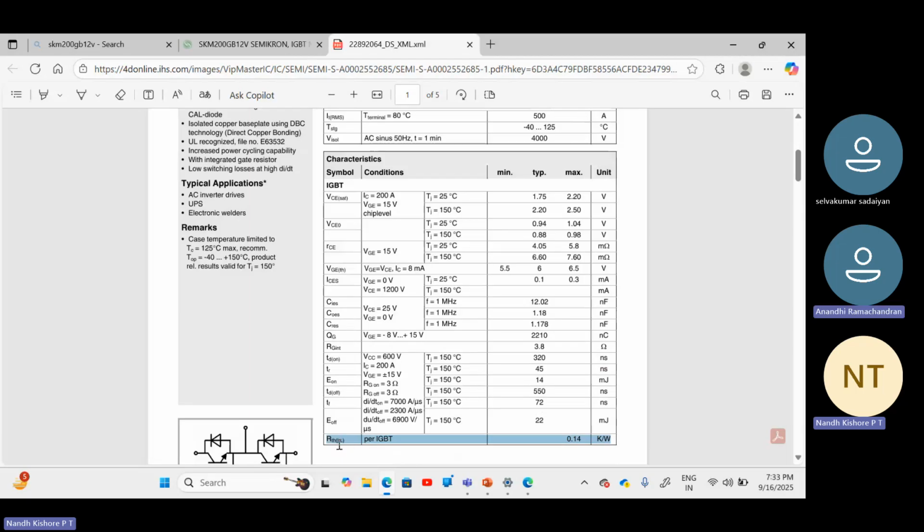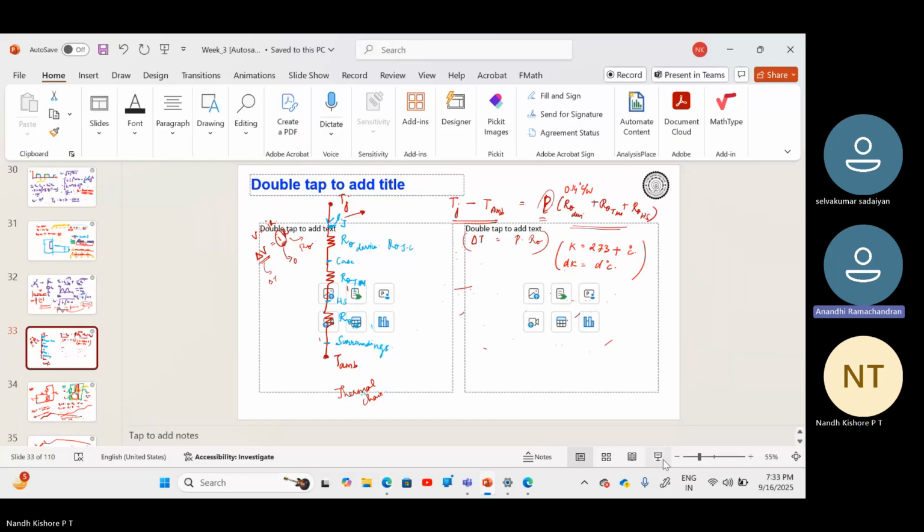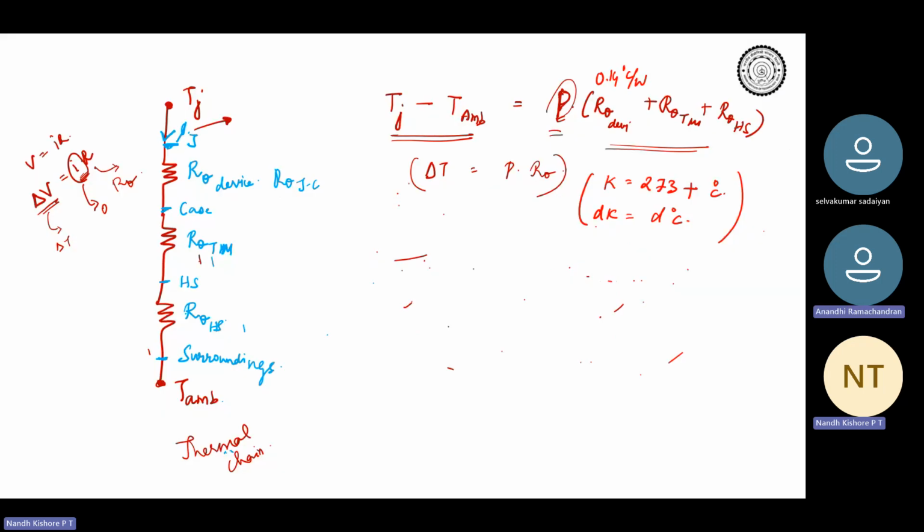Yes, R theta JC. But in what we have derived here, it is R theta device plus R theta thin layer plus R theta heat sink. Correct, correct.